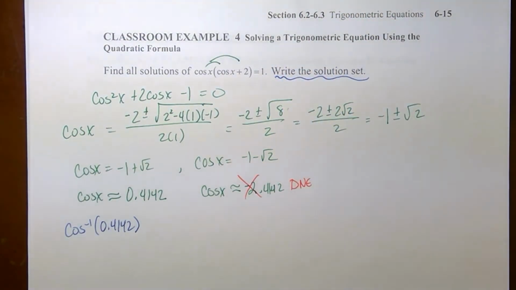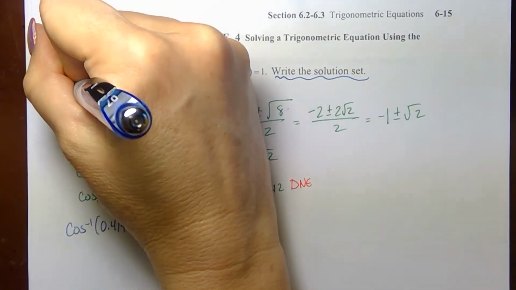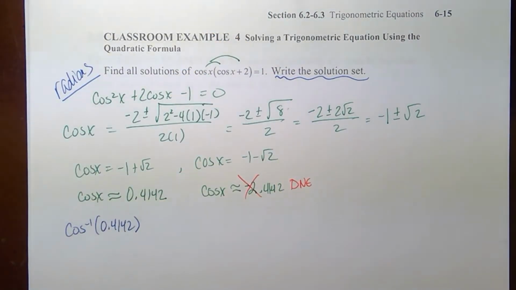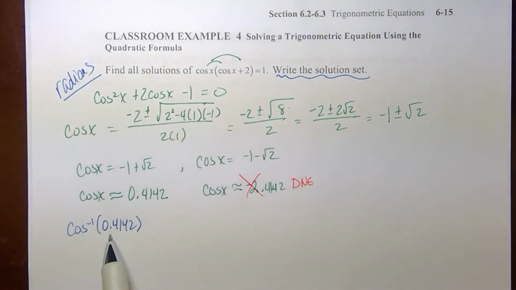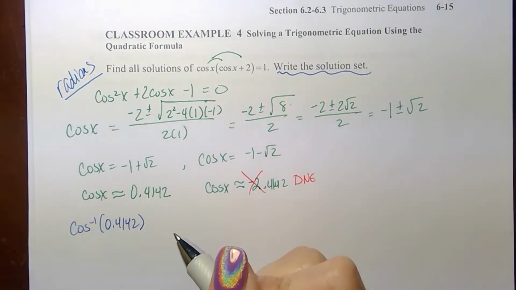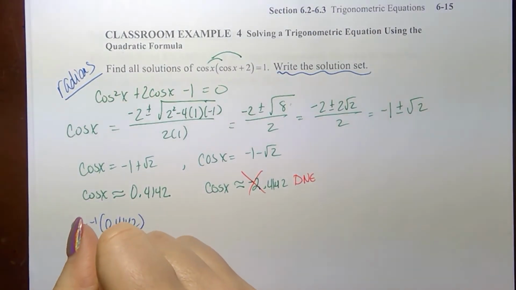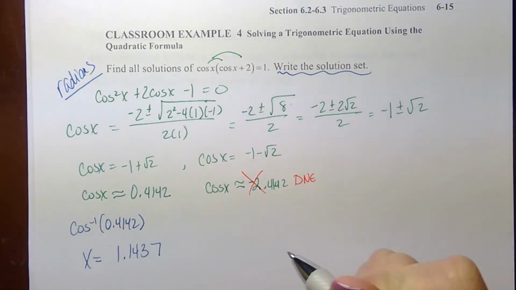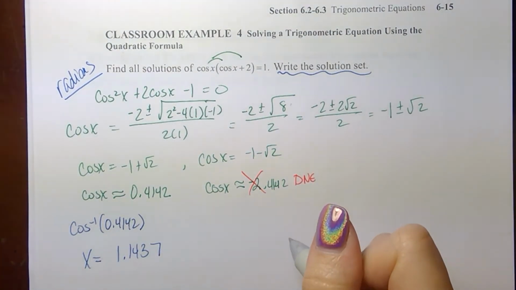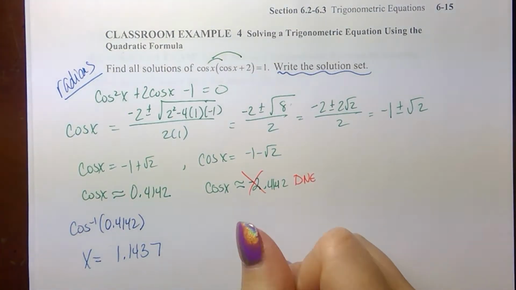It doesn't give me an interval. So I'm doing all solutions, and I'm using radians. So my radian angle measure, whose cosine function value is 0.4142, is going to be a positive 1.1437. Now, let's think about this to make sure that we get all possible solutions.